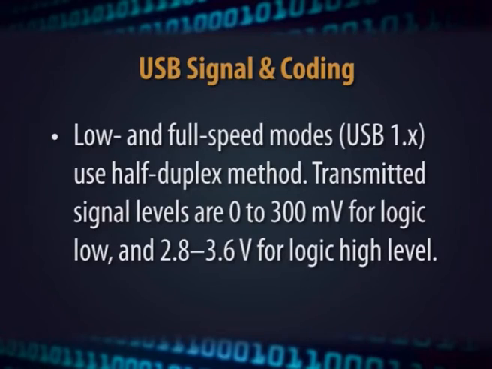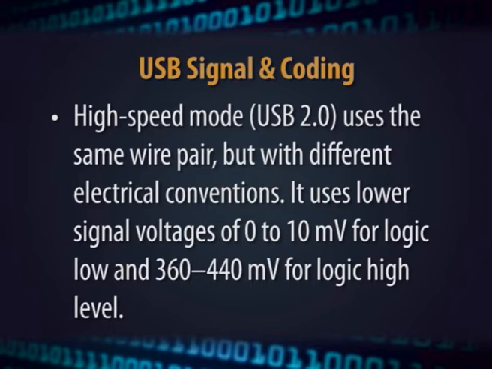Some more details are: Low and full speed modes USB 1.x use half duplex method. Transmitted signals are 0 to 300 millivolt for logic low and 2.8 to 3.6 volts for logic high level. High speed mode USB 2.0 uses the same wire pair but with different electrical conventions.